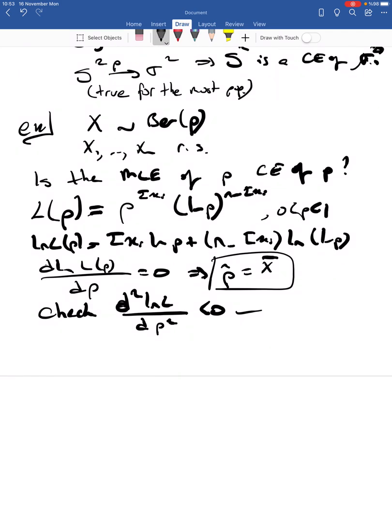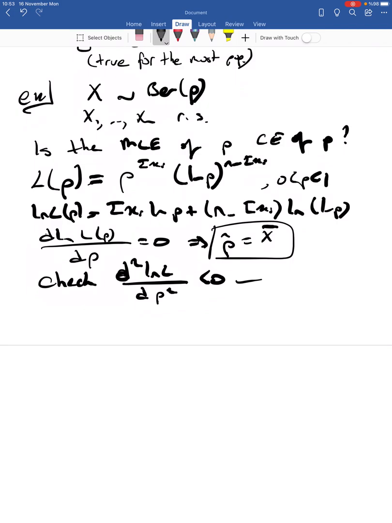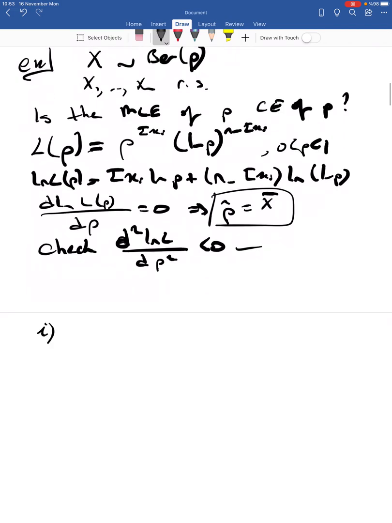So let's consider the consistency. First condition: expected p hat equals expected x bar equals p. So we already know that this condition is satisfied. The second one, variance of p hat, variance of x bar.